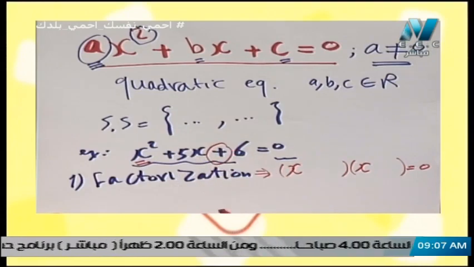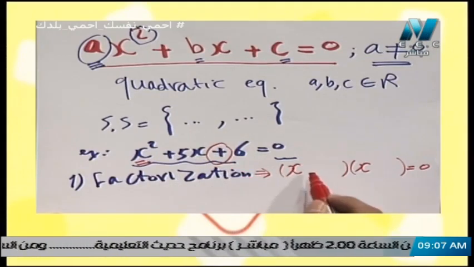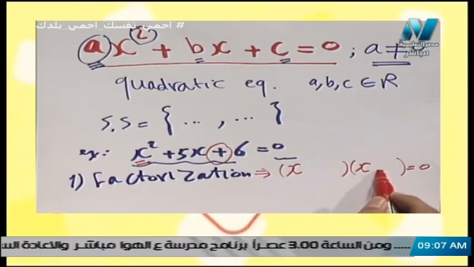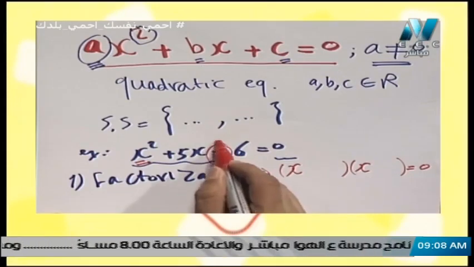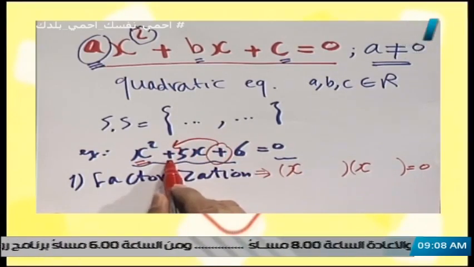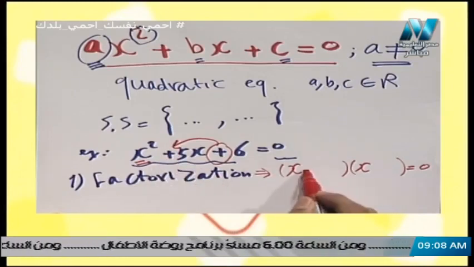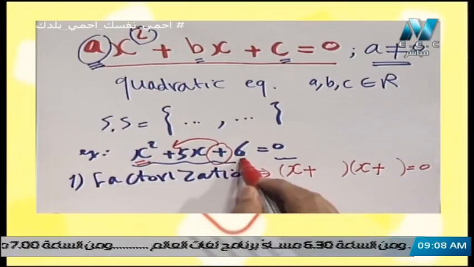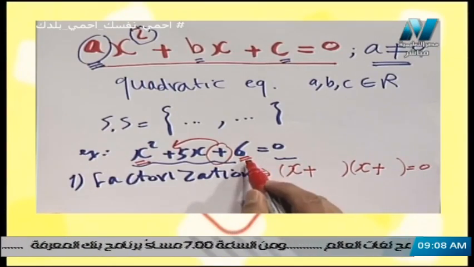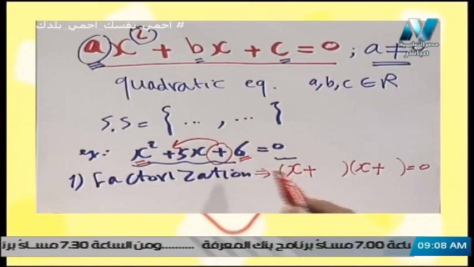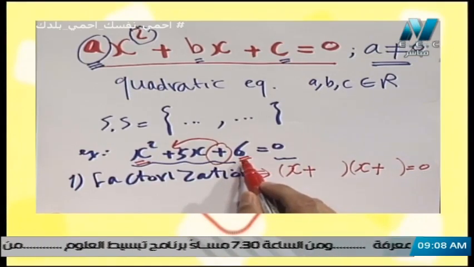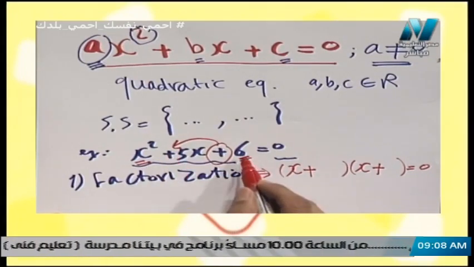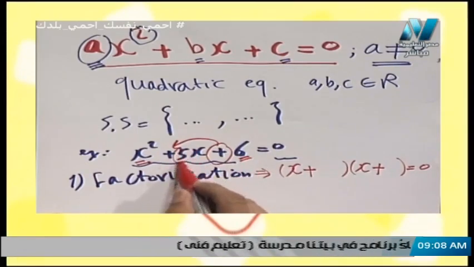We have positive here, which means positive multiplied by positive or negative multiplied by negative, but since the middle sign is positive, it will be positive and positive. 6 may be 6 multiplied by 1 or 3 multiplied by 2, and we search for two numbers whose product equals 6 and whose sum equals 5.